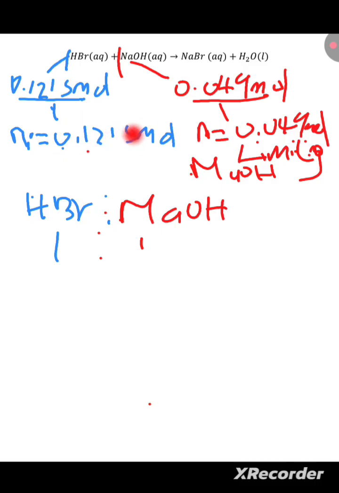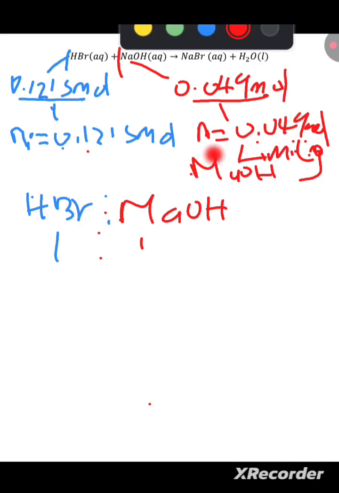Because these ones here, not all of them will react, because this is the excess reactant, right? According to how we identified it. So not all this number of moles will react. Some part of it will react. So this part of them will react with this number of moles completely. Okay, we'll cancel these ones completely.